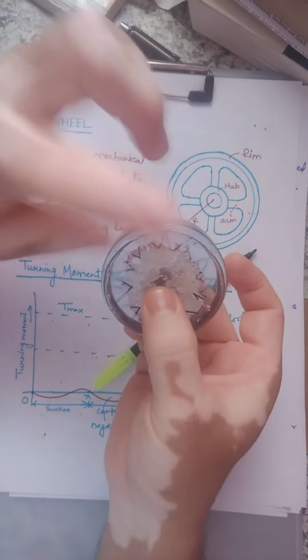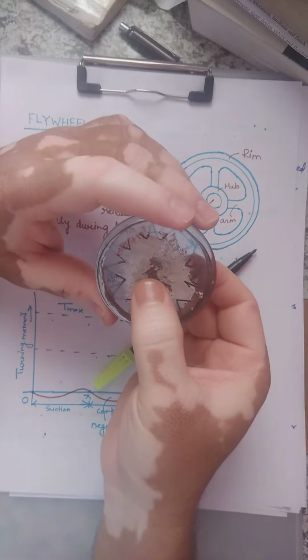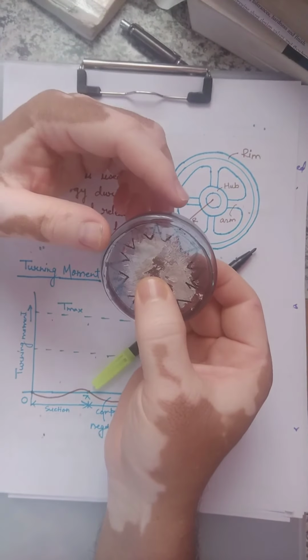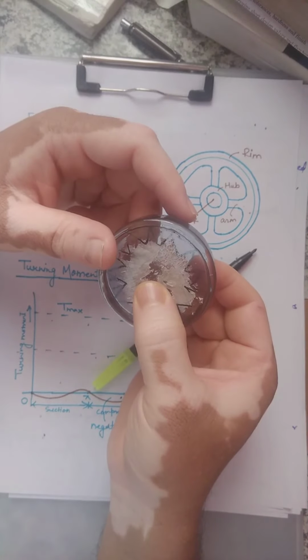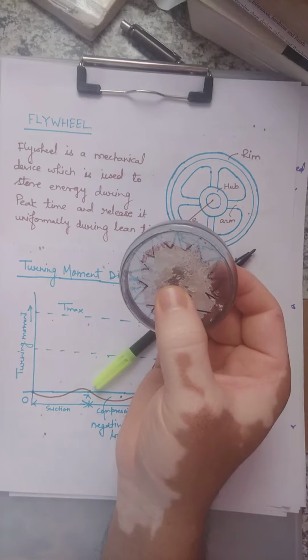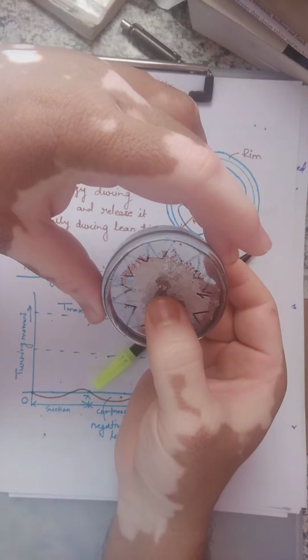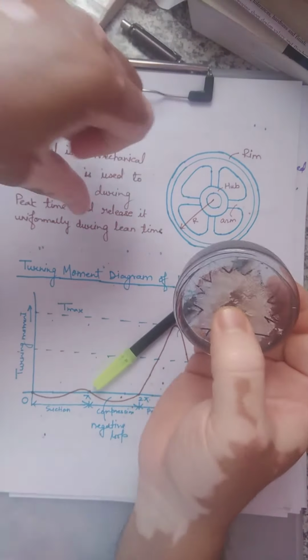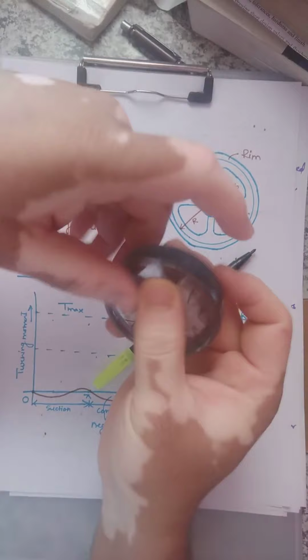Generally it is used in IC engines, or wherever there is uneven, non-uniform distribution of power. In 3 strokes power is consumed and only in 1 stroke power is generated in an IC engine. That's why flywheel is more needed in IC engine. Suppose this is the power stroke, I give power to this and it starts rotating.